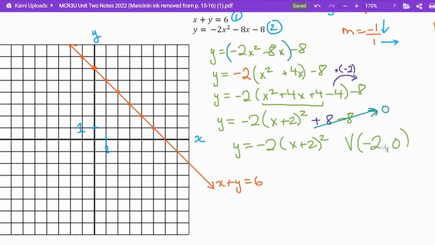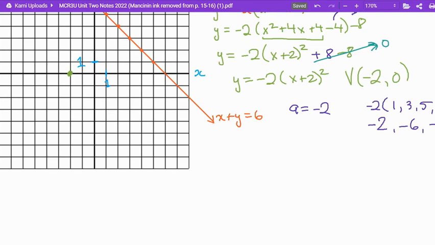Okay, so let's draw that. We've got -2, 0. Here is the vertex of our parabola. Now let's look at the step pattern. So if a equals -2, then once again, I'm multiplying -2 times my 1, 3, 5, 7, 9, and so on. And so I'm going -2, -6, -10. So what do I do with these numbers?